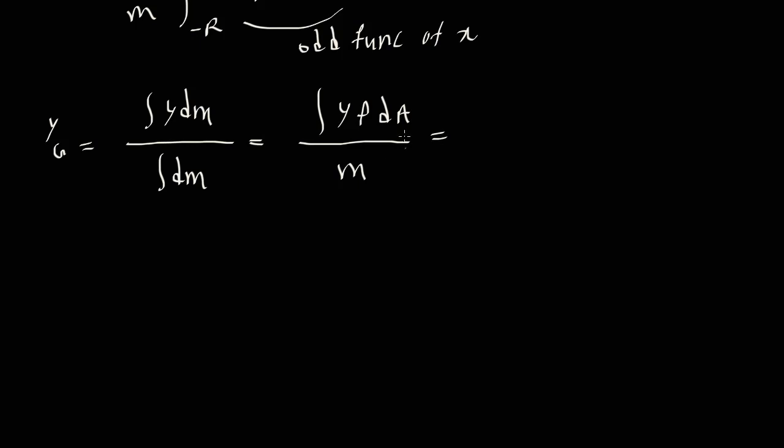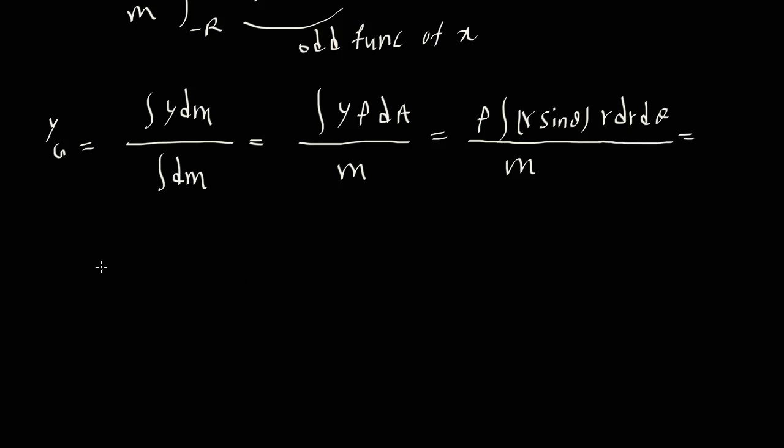It's simpler to take this integral into polar coordinates. Then y would be r sine theta, and dA would be r dr d theta.